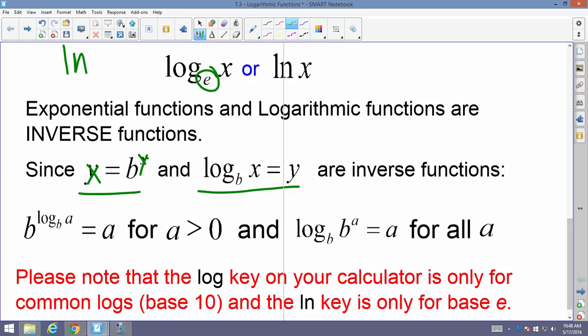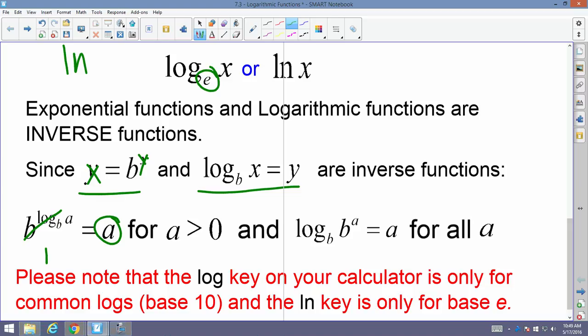So being that they're inverses, if I raise a base to the log of that base, they will cancel out. And if I have a log of a certain base with an answer of that base, they will cancel out as well. So if I have base b raised to the log base b of a, these guys will cancel, and I'm left with just a.